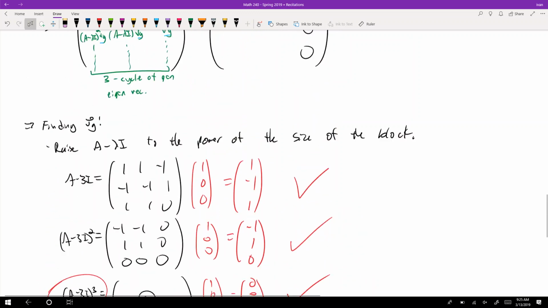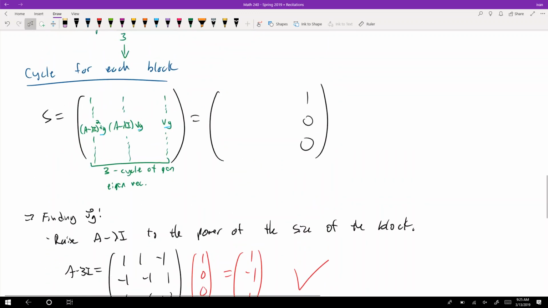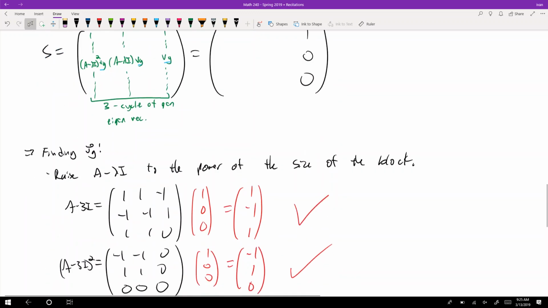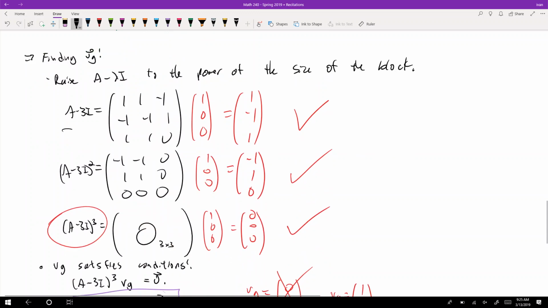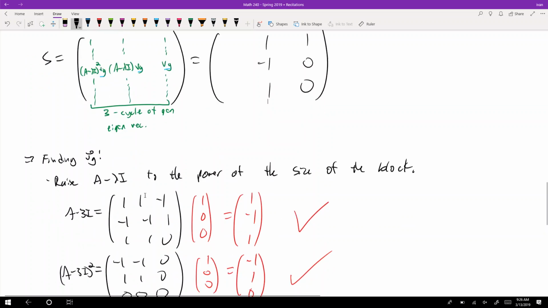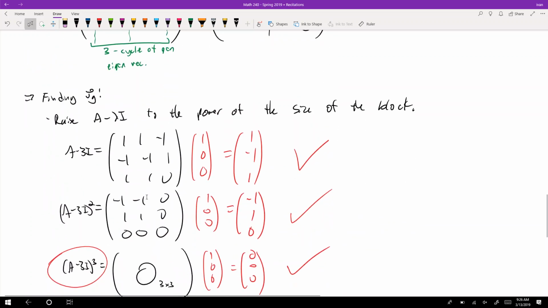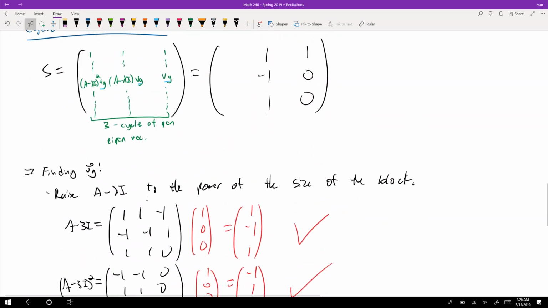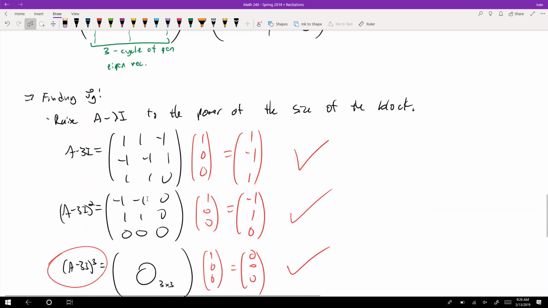All right, what goes in the second column? Well, the second column has (A - λI) vg, which is this entry up here, the first one. And here it's 1, negative 1, 1. And then finally, the first column is (A - λI)^2 vg, which is negative 1, 1, 0.